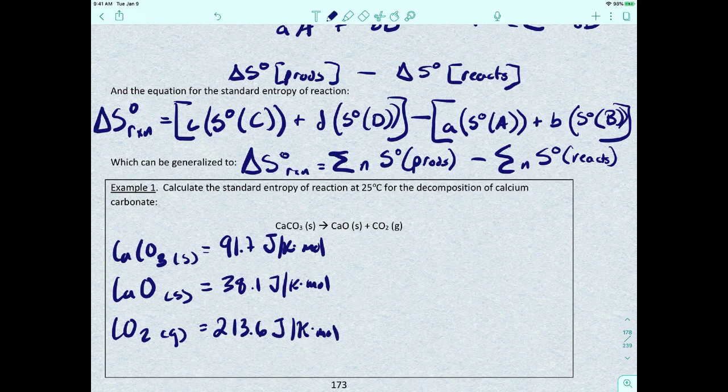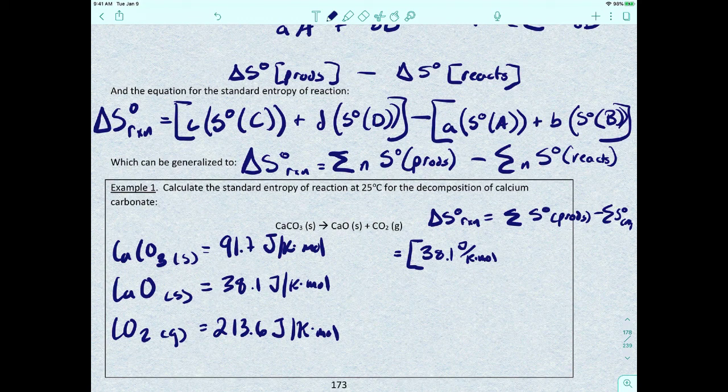Okay, so using our equation, the change in entropy for the reaction at standard state is equal to the sum of all the entropies of the products minus the sum of the entropies of the reactants. This is going to be equal to the products, which is 38.1 joules per K-mole for calcium oxide, multiplied by 1, so we're good.